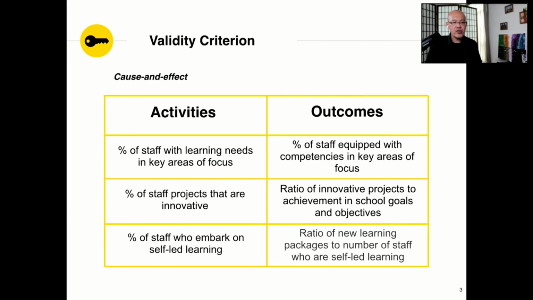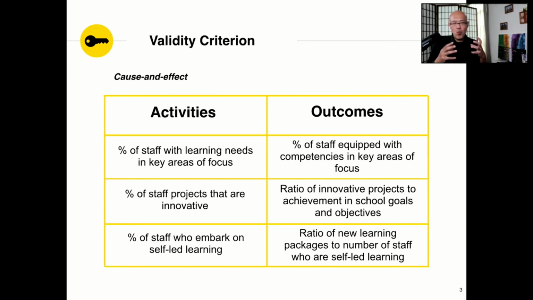One way of looking at that is the percentage of new learning packages developed as a result of the number of staff who have embarked on self-led learning. In other words, let's take all the staff who have embarked on self-led learning and see how many of them actually come up with new or innovative learning packages. That gives you an idea of the outcome.